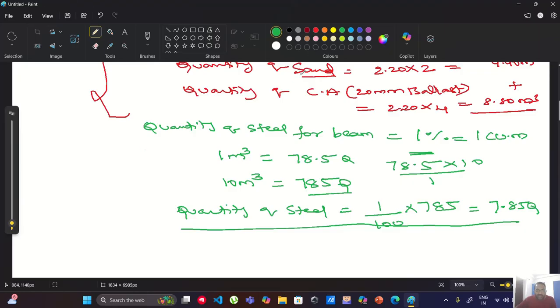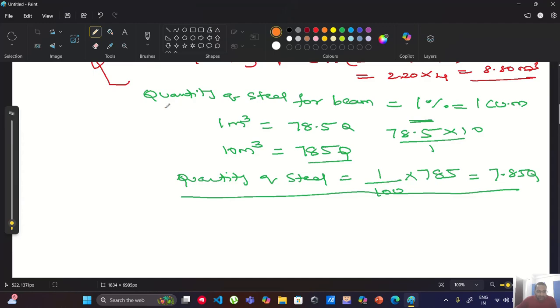Okay, again I am repeating. How to calculate the quantity of steel? Listen carefully. Quantity of steel for beam I am considering as 1% for 1 cubic meter. The standard, that is 1 cubic meter quantity of steel, is 78.5 quintal. In the problem we are taking the unit as 10 cubic meter.